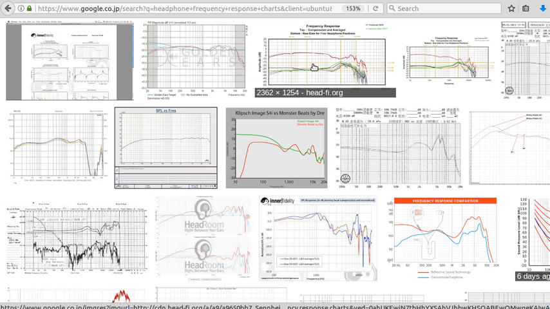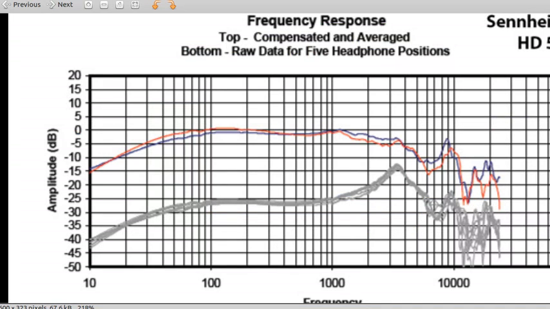It actually has a human-related transfer function to compensate for the human sensitivity for different frequencies. And this is the result of the measurement. This is a Sennheiser HD 580.